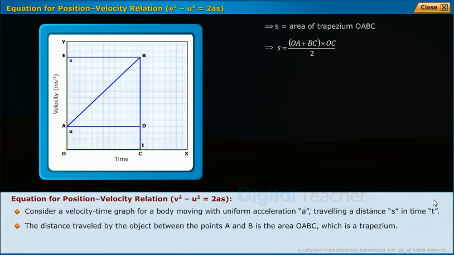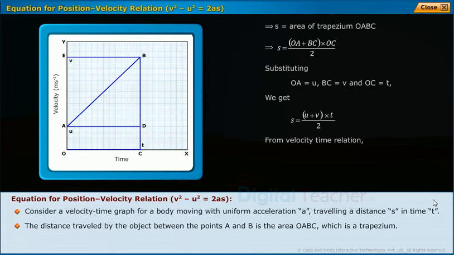S equals OA plus BC into OC by 2. Substituting OA equals U, BC equals V, and OC equals T, we get S equals U plus V into T by 2. From velocity time relation, T equals V minus U by A. Therefore, S equals U plus V into V minus U by 2A, which gives V square minus U square equals 2AS.